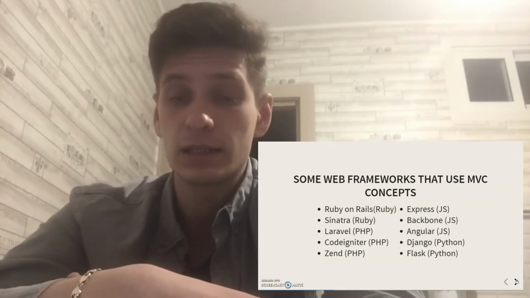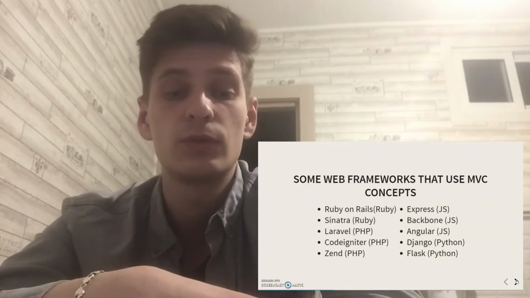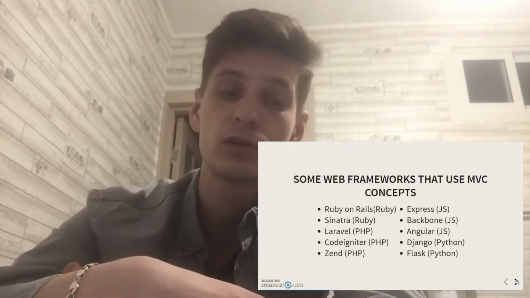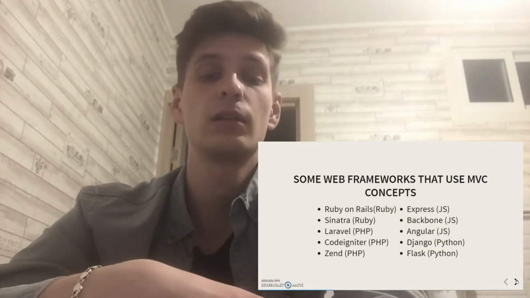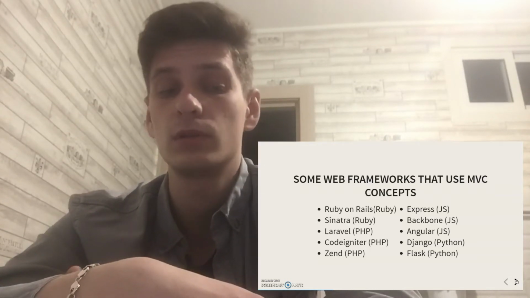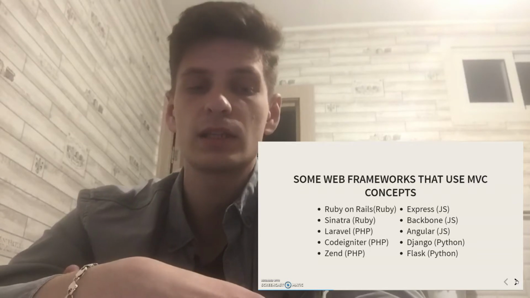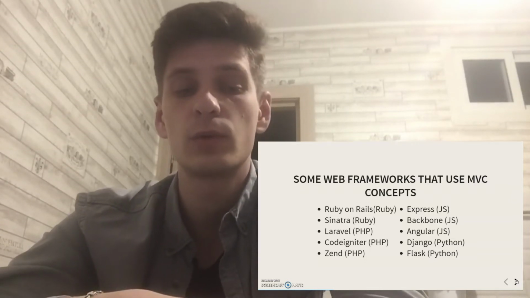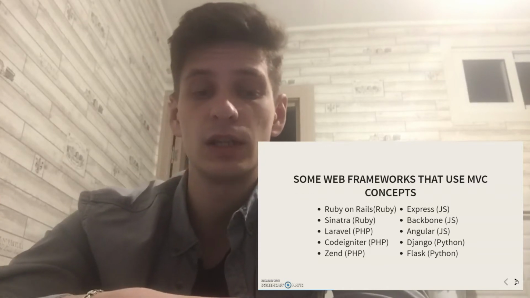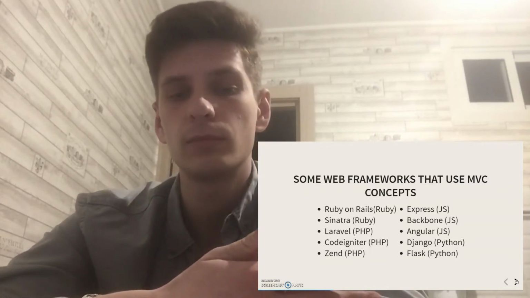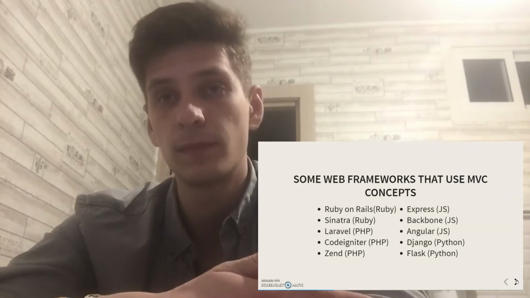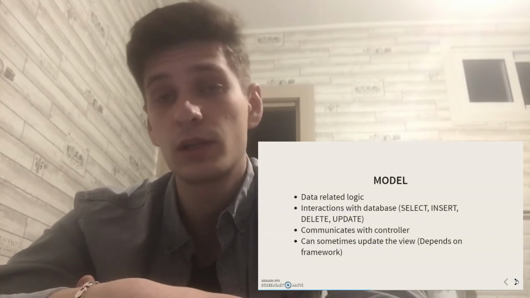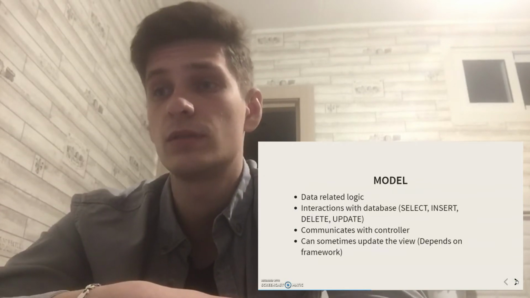Another thing that can happen is one framework will put one aspect of the application in the controller, and another one would put it in the model. So I think that's why MVC is so confusing, because there is not just one way to do it. There are actually many ways to do it.